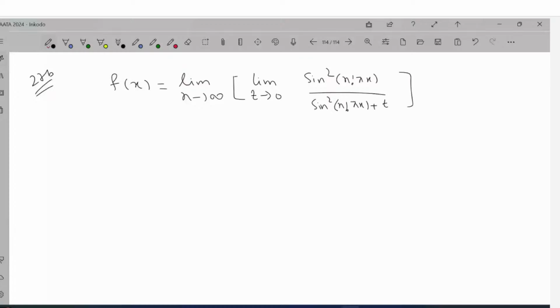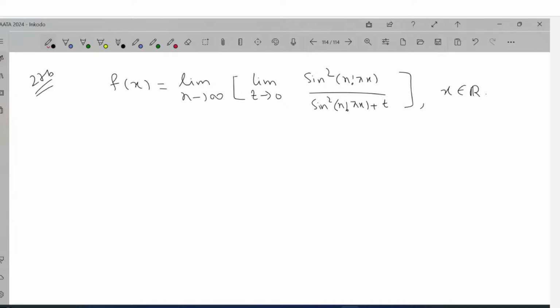Now see that if x is a rational number, then for a sufficiently large value of n, we have n factorial. Let's say it's a rational number p by q. So when you have any n greater than q, what will happen? It will cancel out that q and you have an integer multiple of pi. So that value will be 0.